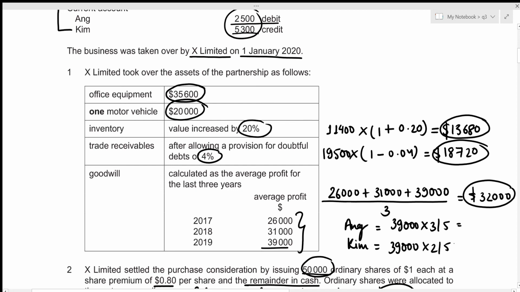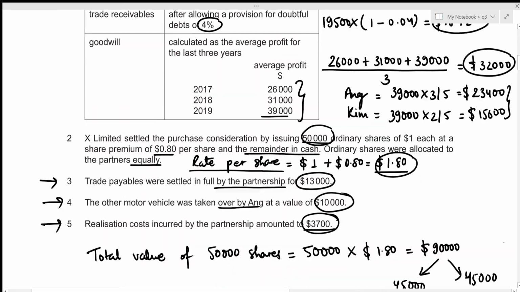So the profit for Ang in the year 2019 was 39,000 times 3 by 5, which results in the value of 23,400. And the profit from partnership for Kim in the year 2019 is 39,000 times 2 by 5, which results in the value of 15,600. So let's record these values.